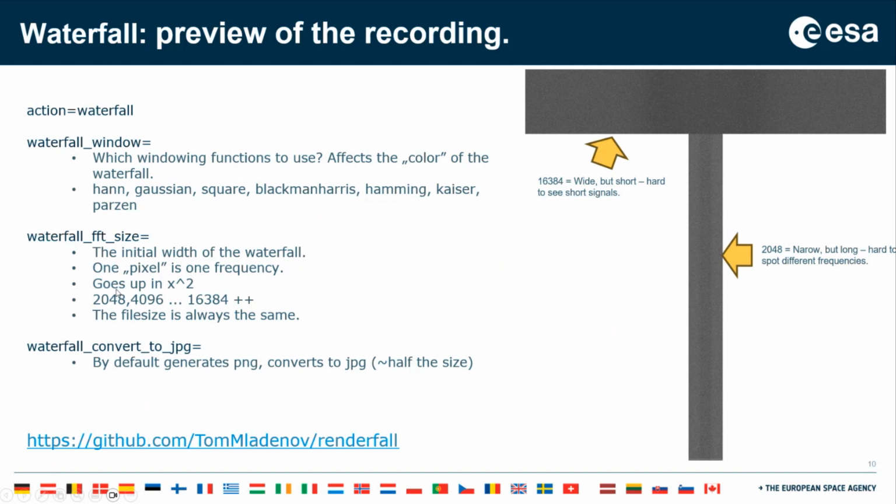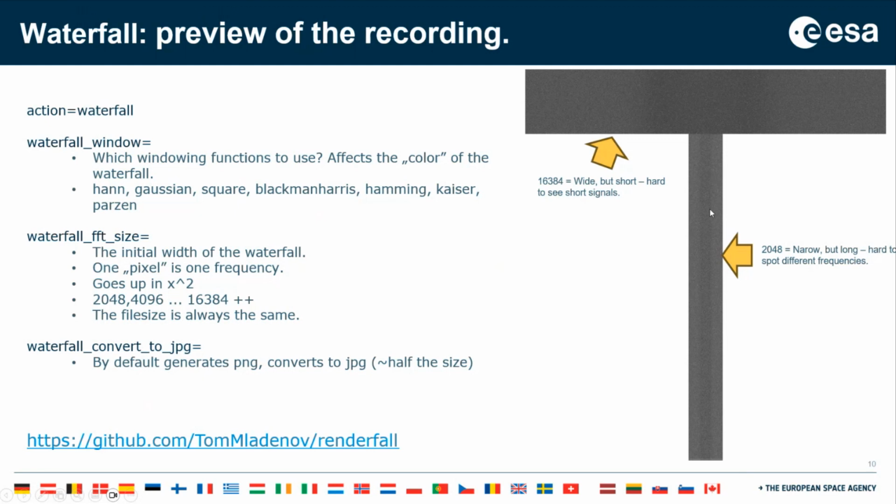Then the next one, perhaps more important, is the initial width of the waterfall, and you can pick a number which is a power of 2. A low number means that the initial waterfall will be narrow. In this case, it means that each pixel is one frequency bin in the recording.